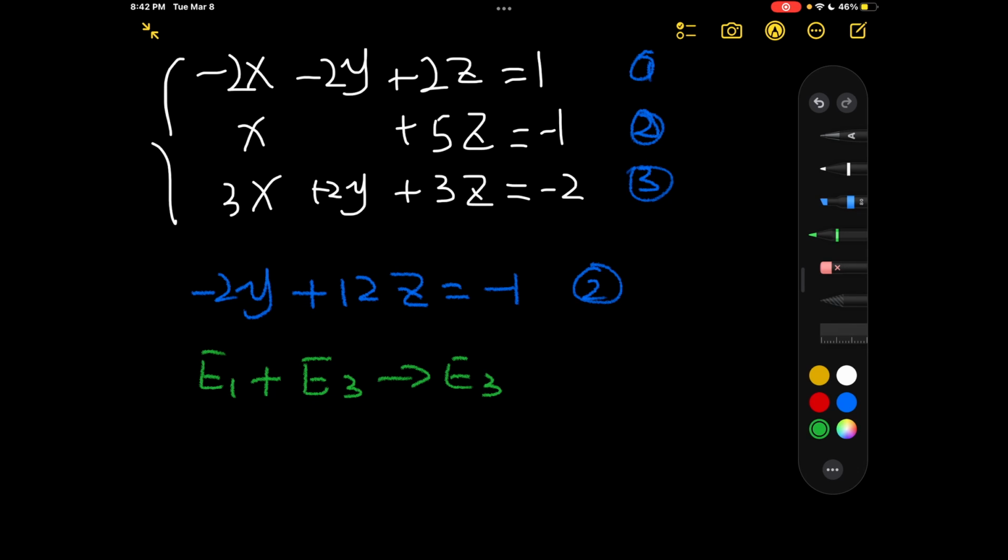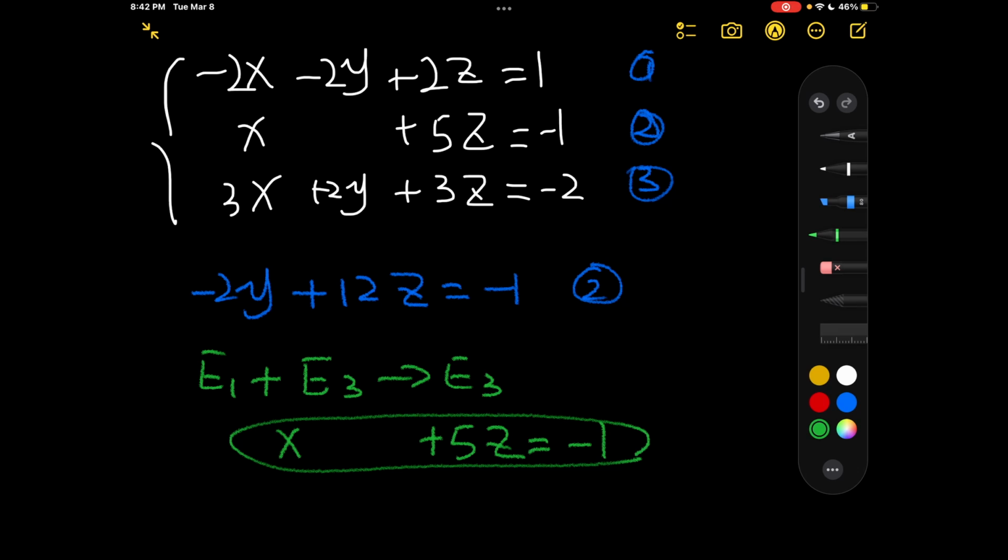And then what we got is 3 minus 2 for x, and there's no y, 0y, and 3 plus 2 is 5z, and then -2 plus 1 is -1. So this is the same as what we got for the previous equation 2.